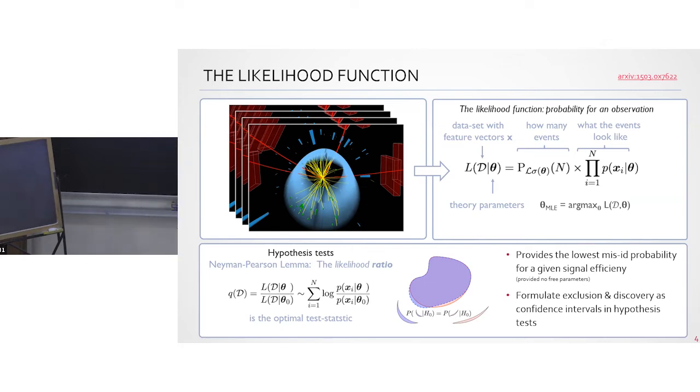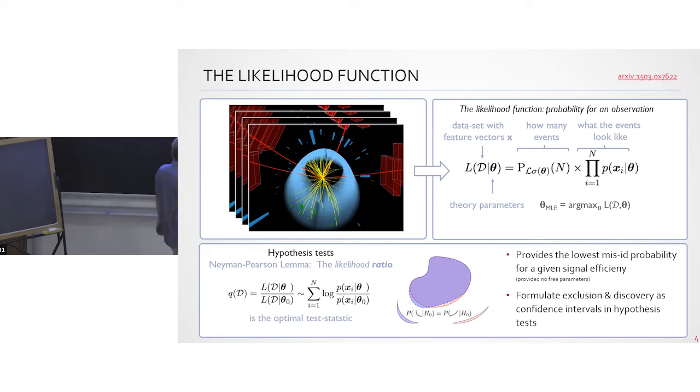The way to understand the Neyman-Pearson lemma is it tells us that the log likelihood ratio provides us, if you do a hypothesis test under two hypotheses, background or the standard model or a signal hypothesis, with a test statistic that has, for a given signal efficiency, the lowest mis-ID probability.